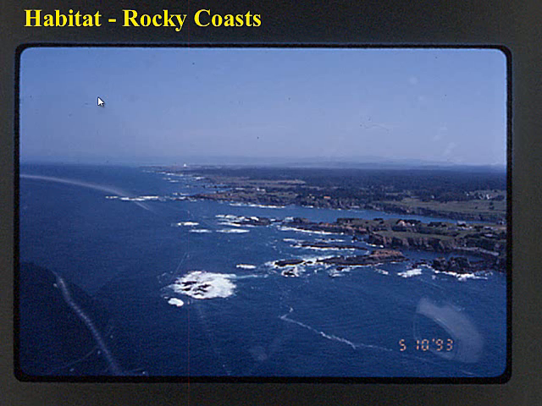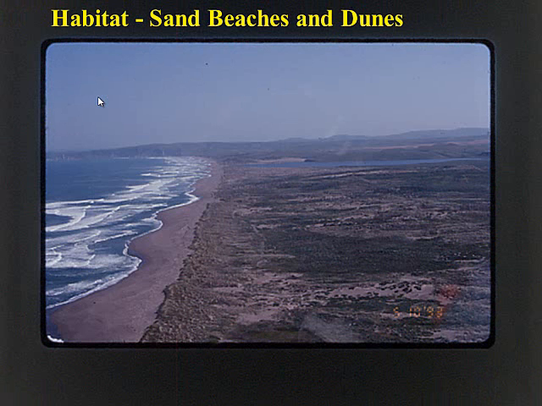So I'm going to breeze through this. We went over a lot of this in the ESI talk. Rocky coasts are important. There's a lot of intertidal species there, and lots of recreational fishing goes on along there. These are really important, as are sand beaches and dunes.